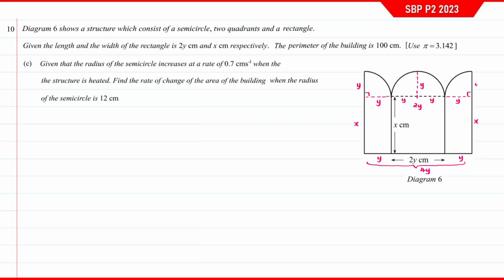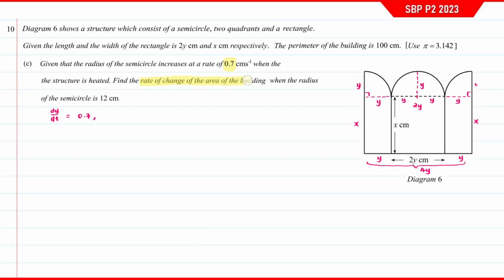Question C. Given that the radius of the semicircle increases at the rate of 0.7 cm per second when the structure is heated, find the rate of change of the area of the building when the radius of the semicircle is 12 cm. So this 0.7 is the dy/dt, as the radius here will be represented using the letter y.